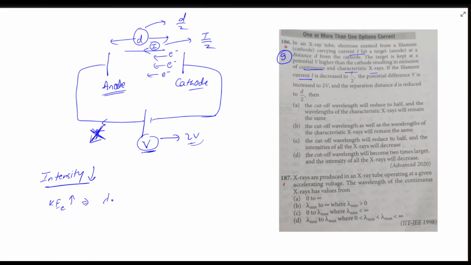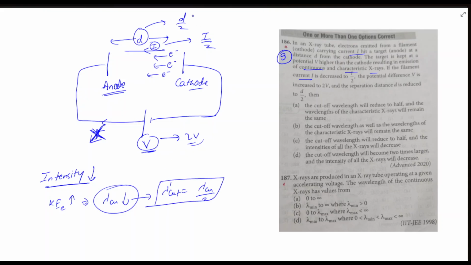That means the cutoff wavelength will decrease. So if this becomes 2V, the new cutoff wavelength will be lambda cutoff divided by 2. So it will become half.